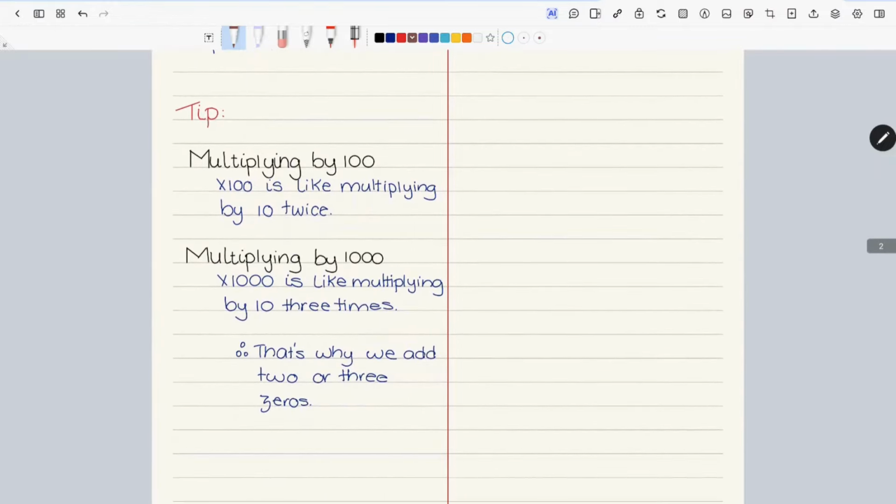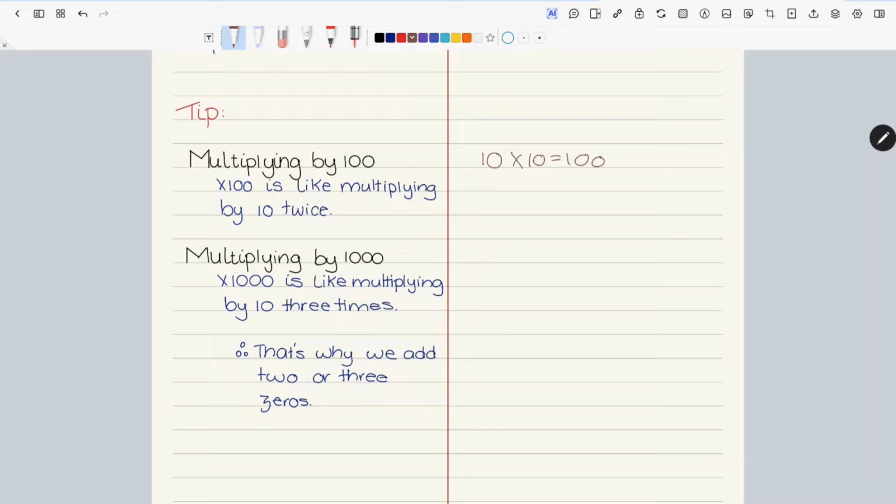Another tip I'll give you is that multiplying by 100 is like multiplying by 10 twice. So 10 times 10 equals 100. Multiplying by 1,000 is like multiplying by 10 three times.